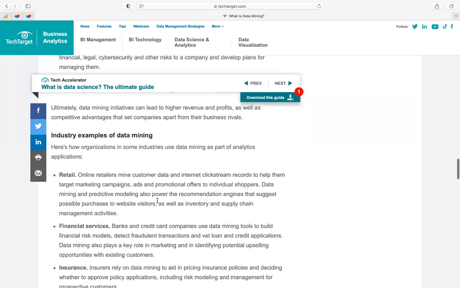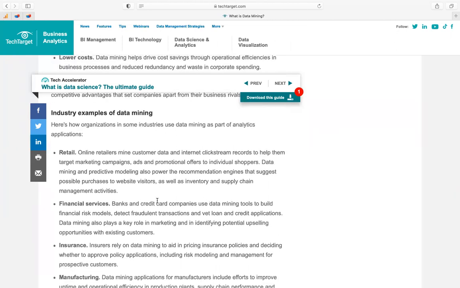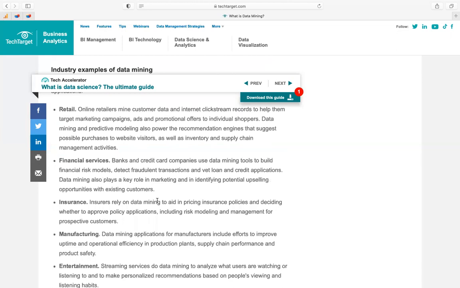Now, industries that can use data mining: we have retail, so people selling online, sellers, retailers, ad campaigns can use data mining. Financial services, banks, credit companies can use data mining to build financial risk models to detect fraudulent transactions and loan credit applications. They also play a key role in marketing and identifying potential upselling opportunities with existing customers.